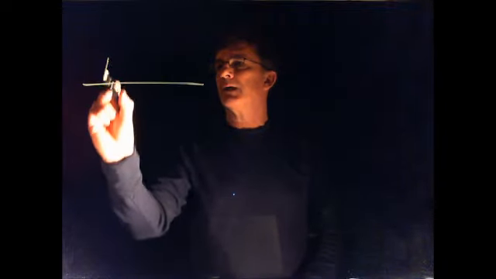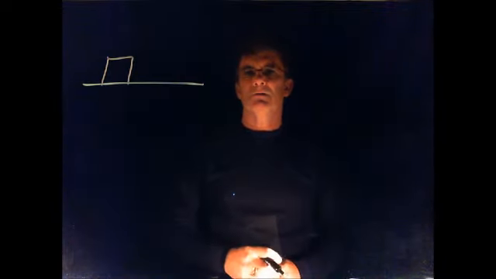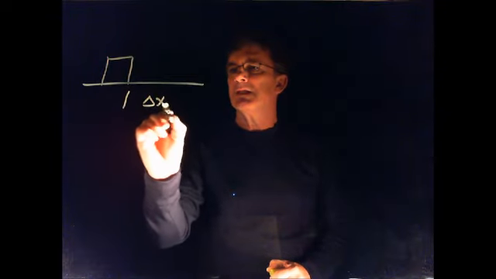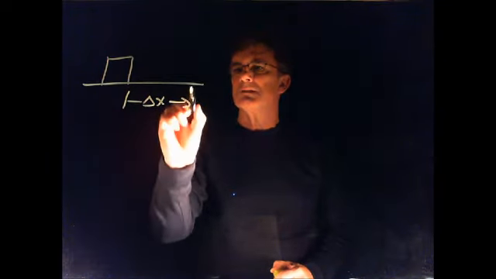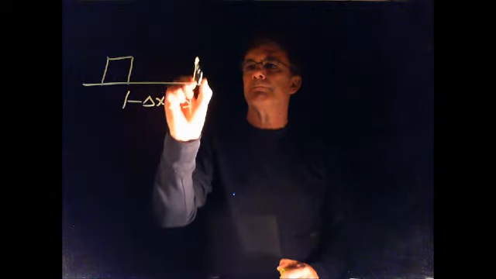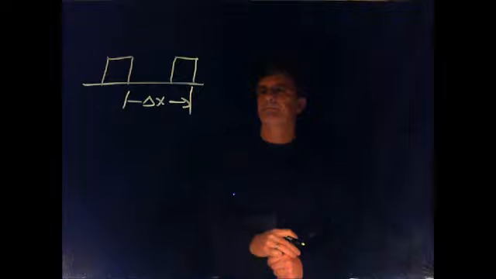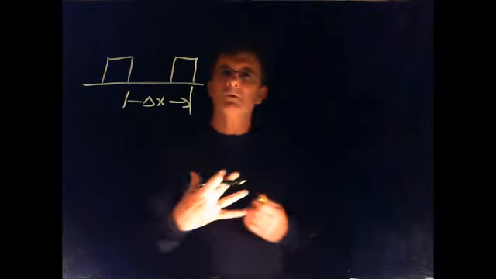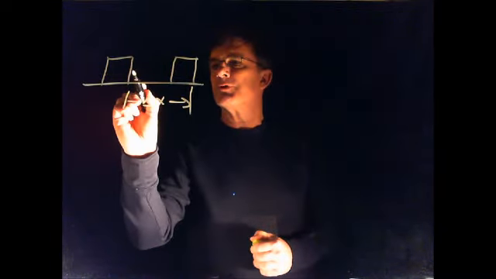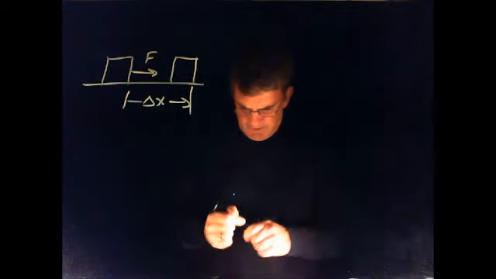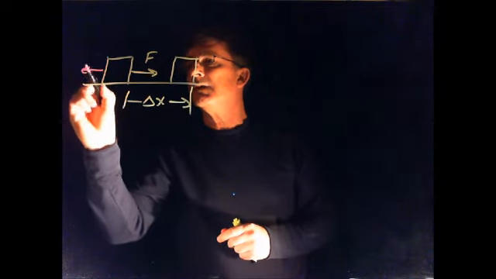Let's say we have a box that's sitting on a level surface, and let's say it gets displaced some distance delta x. In order to displace it, we have to apply force. This force could be in the same direction as delta x, or in the opposite direction.